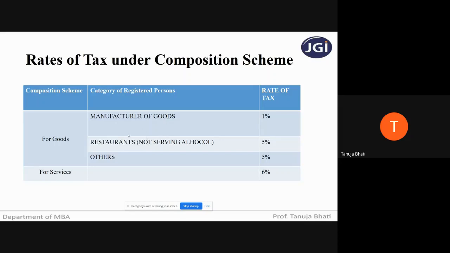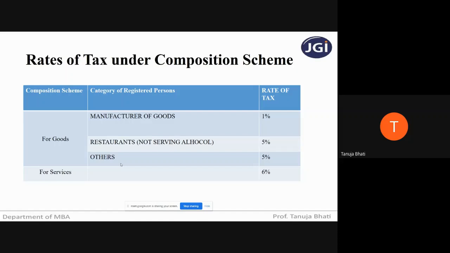When I talk about restaurants, it means only those restaurants which are not serving alcohol. And others means all other suppliers who are eligible for composition scheme, whichever taxpayers whose turnover is below the prescribed limit fall under others.